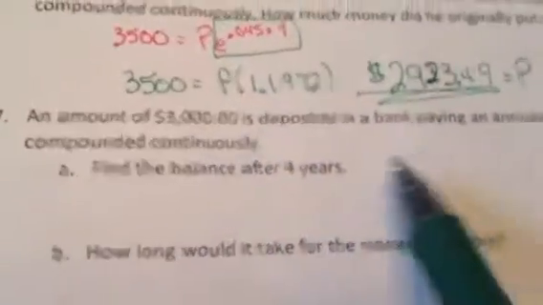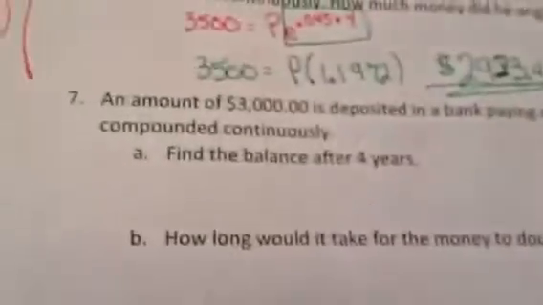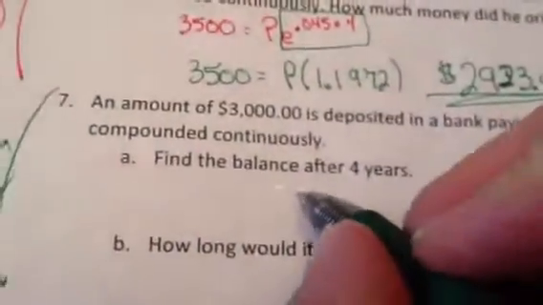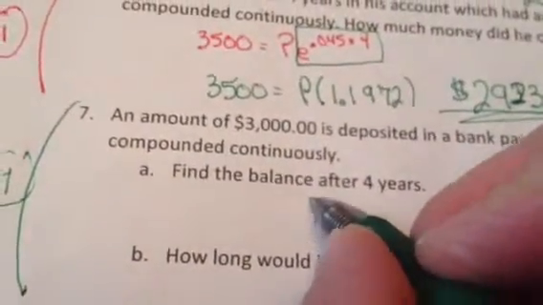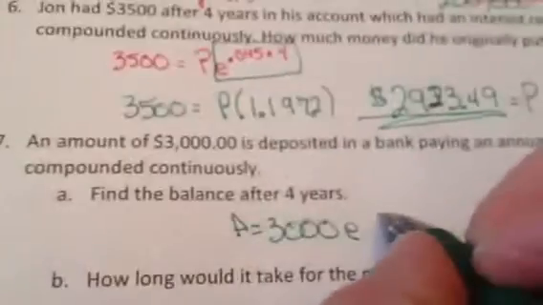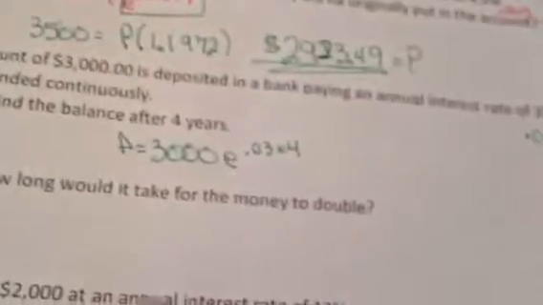All right, next problem. An amount of $3,000 is deposited in a bank paying an interest rate of 3%. And it's compounded continuously. We're using that first formula, the PERT formula. So we need to find the balance after 4 years. So what's the balance going to be? So here's our principal. E, and then our rate is 0.03 times 4.